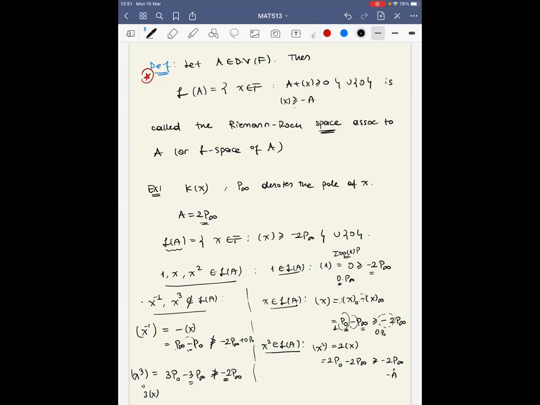To understand this definition 4, let me give some remarks.